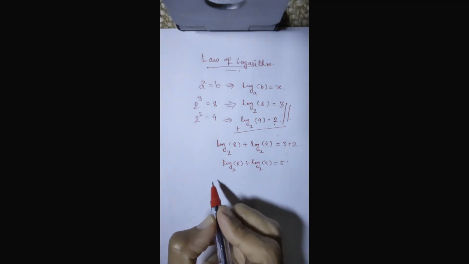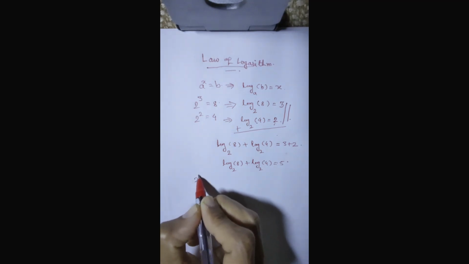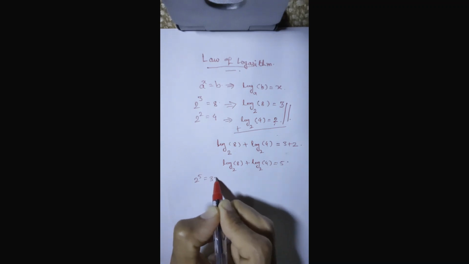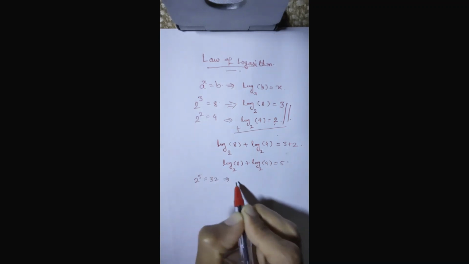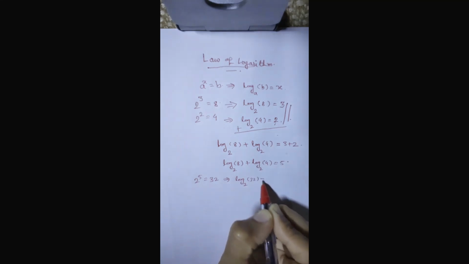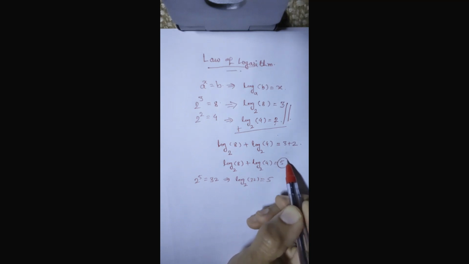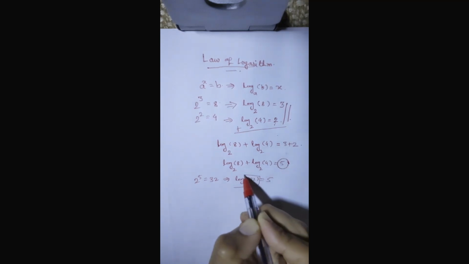Now I just want to ask you one thing: what will be the logarithmic form of 2 to the power 5, which is equal to 32? So its logarithmic form will be log to the base 2 of 32 is equal to 5. So I am just replacing this value of 5 with this value.